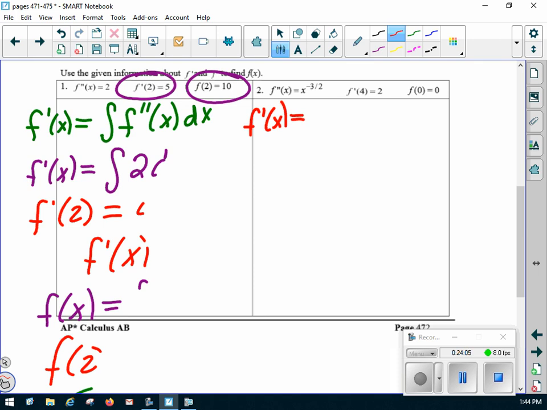The integral of the second derivative. What is that? X to the negative 1 half. And what's your coefficient? Negative 2.